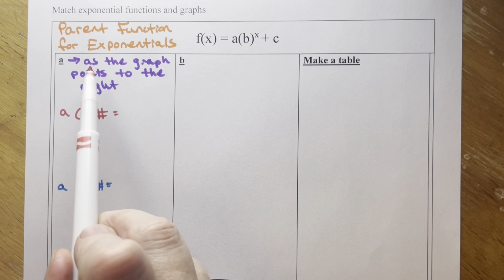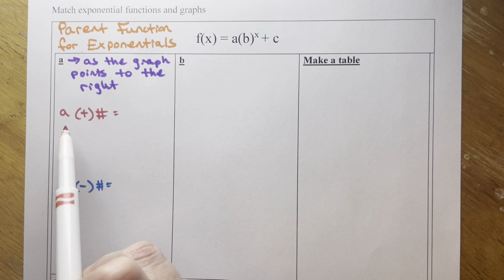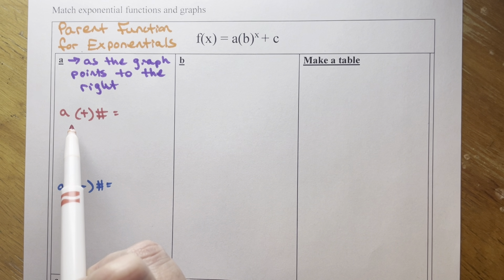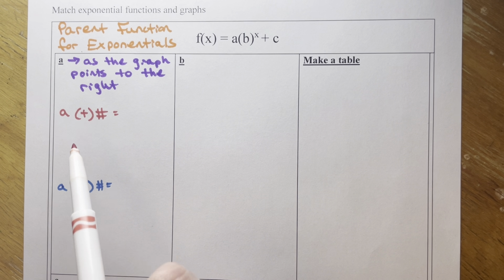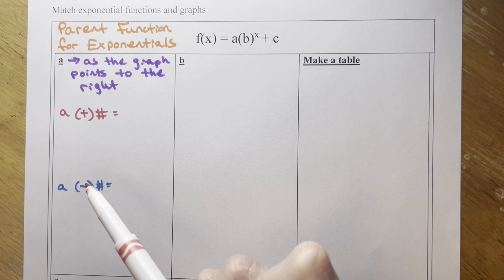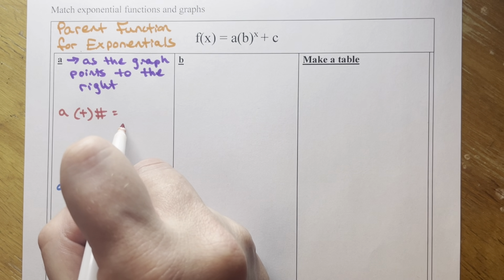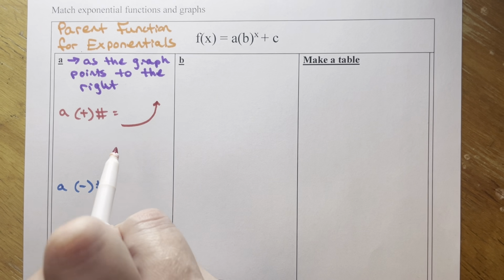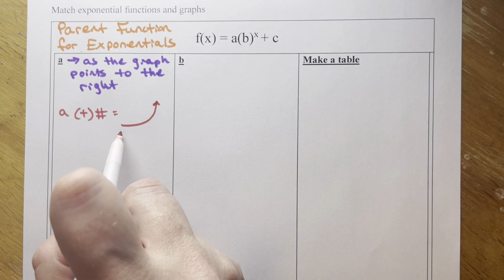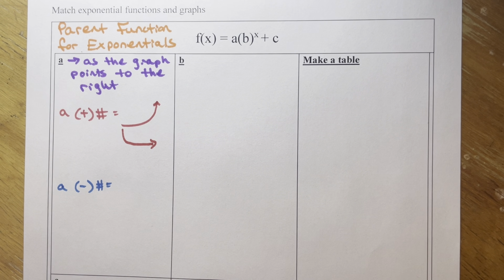As our graph is pointing off to the right, we need to see what direction it is coming from and where it's going. And that is based in large part on whether or not a is positive or negative. So if a is a positive number, our curves could be traveling upwards to the right or bottoming out, just kind of flattening out as we travel to the right.